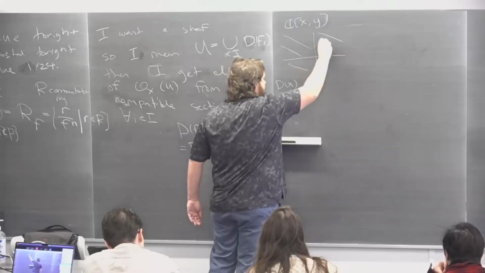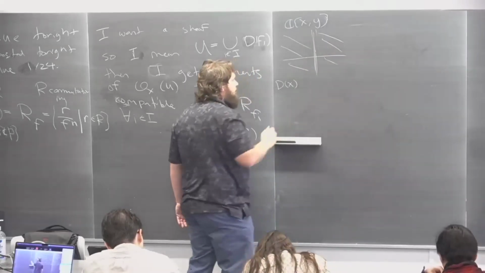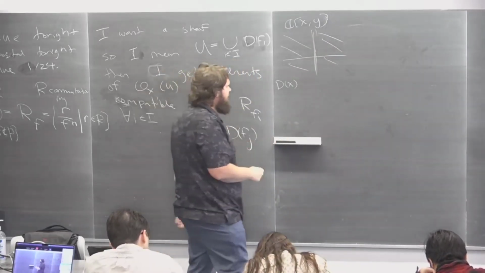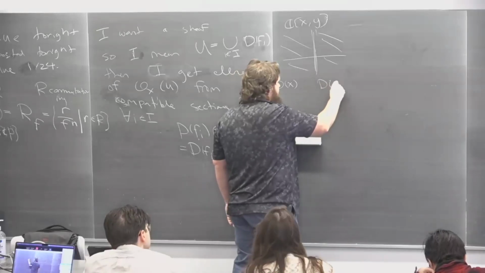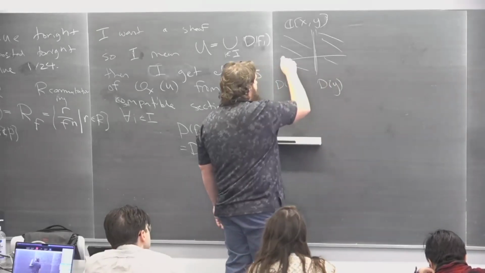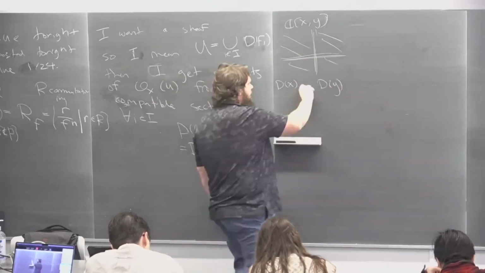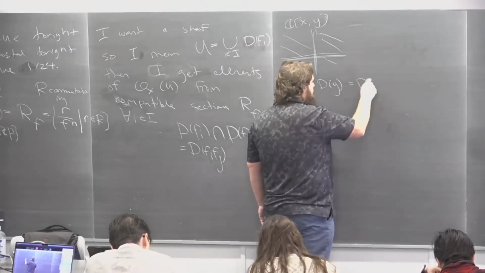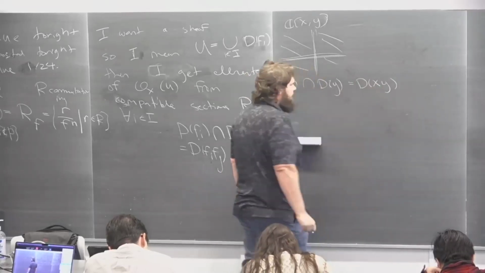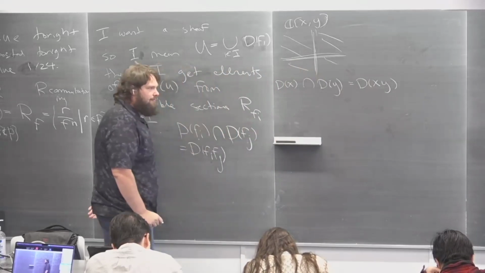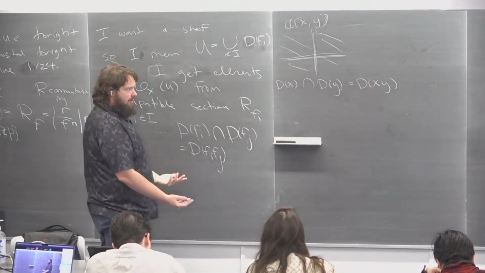That's everything except the points on the x-axis. D(y) is everything except the points on the y-axis. And so if I look at their intersection, that's equal to D(xy), the points where x times y is non-zero.